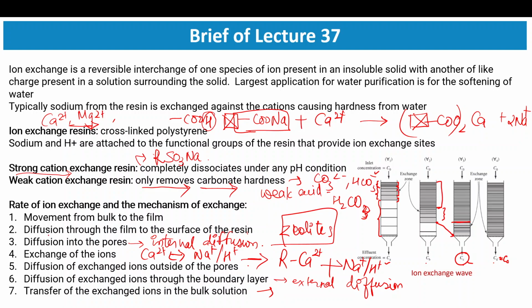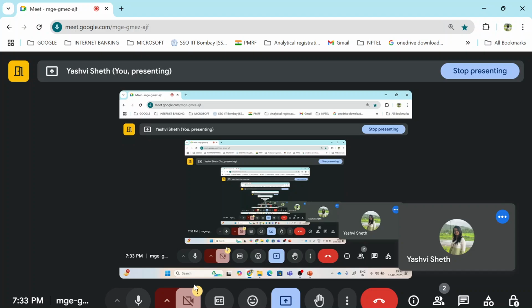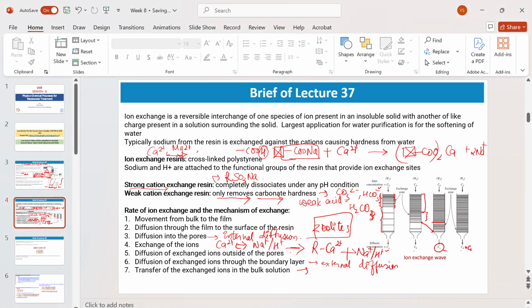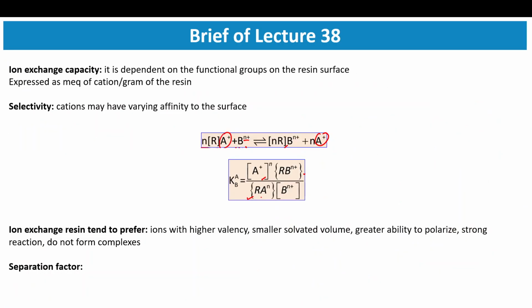All these steps govern the rate, and the slowest step will determine the overall rate of the process. Is it clear so far? Yeah, let's move forward.